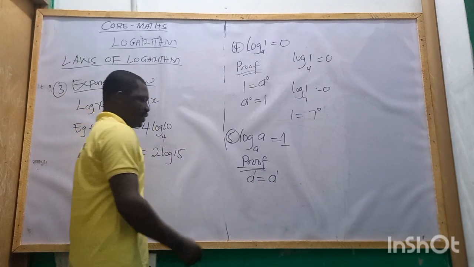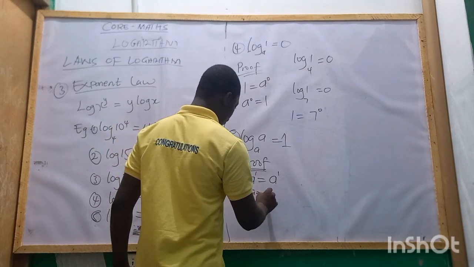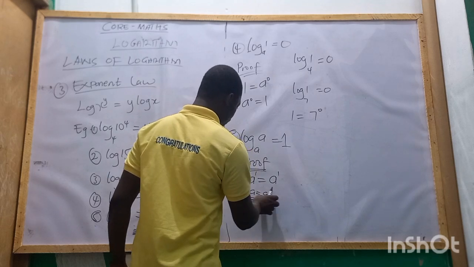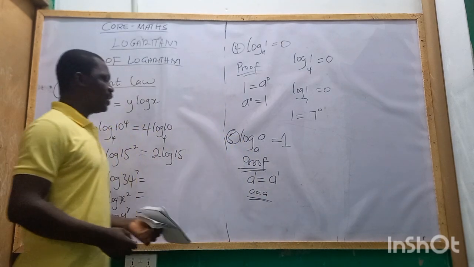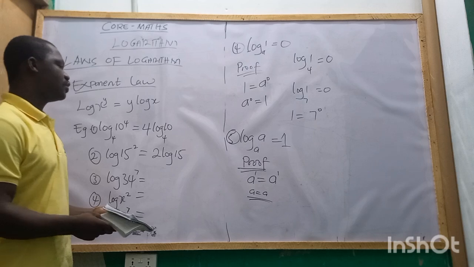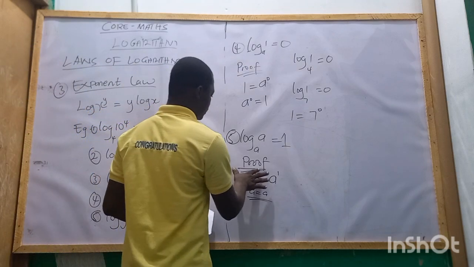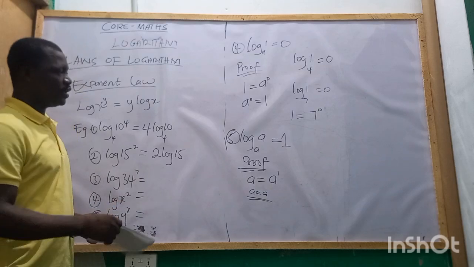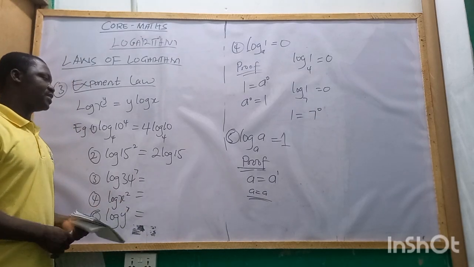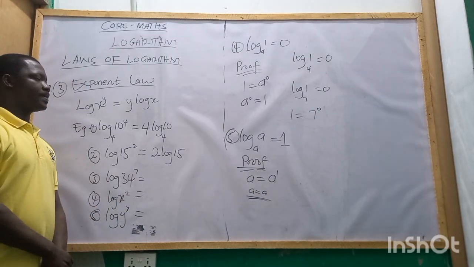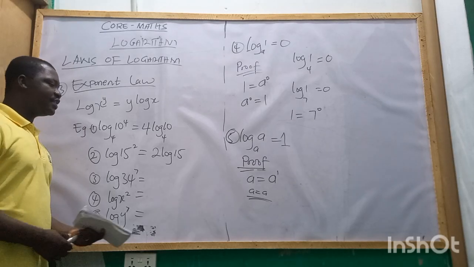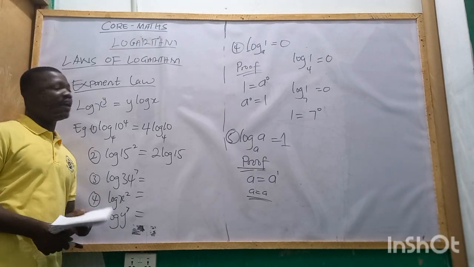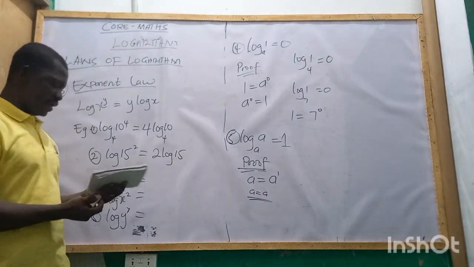Which means A equals A. So it implies that any log to its own base is what? 1. Right? So an example.